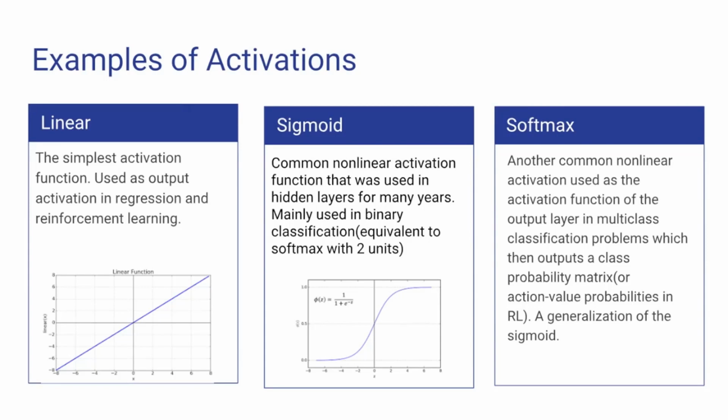It was used in hidden layers for quite a long time until we came up with better nonlinearities like TANs, like ReLUs, like ELUs, like Swish, Soft Plus, etc. There's tons of activation functions, as I will hit on. But mainly now they're just used in binary classification. And then we have softmax, which is just the generalization of a logistic sigmoid for multi-class classification. It's as simple as that.